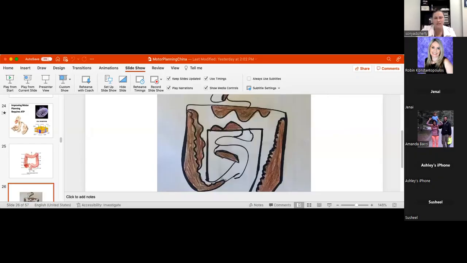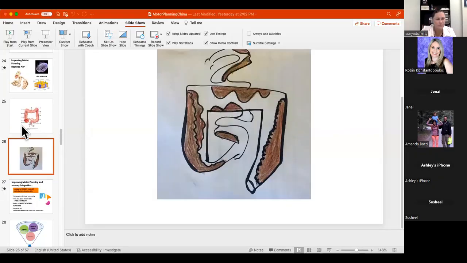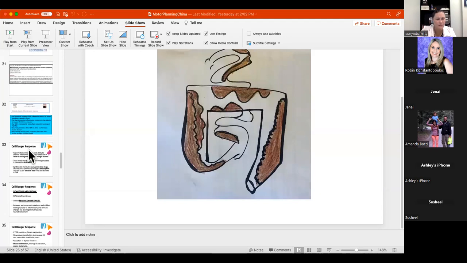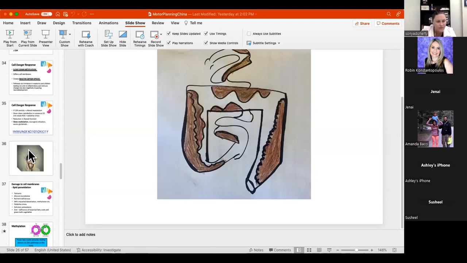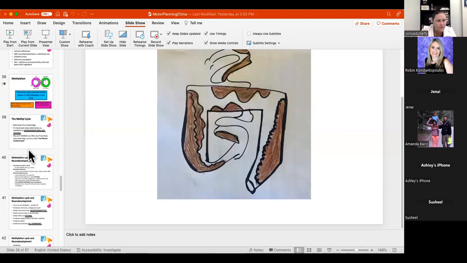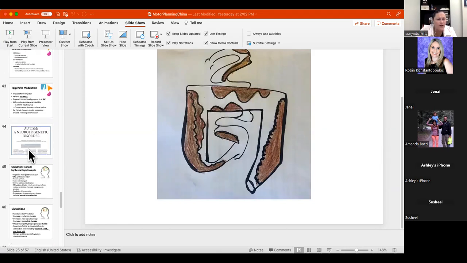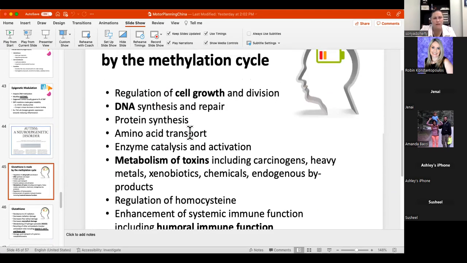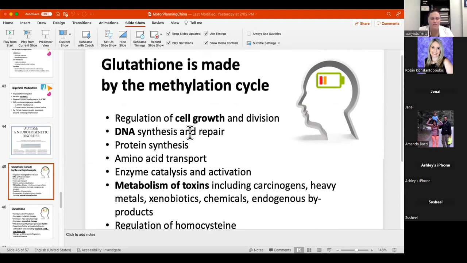But keep in mind that methylation also governs detoxification. One of the things that the methylation cycle makes is glutathione. Glutathione is the most important antioxidant for detoxification.